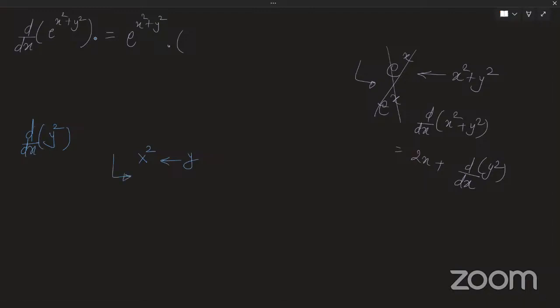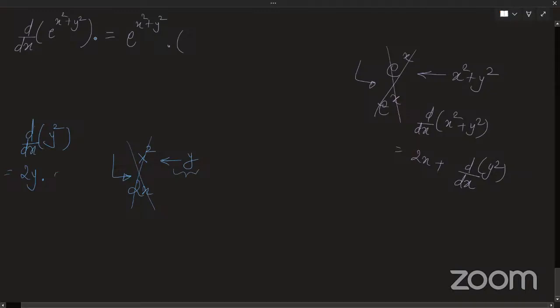Obviously, because y itself is a function of x, you approach from the outermost side. The first function that you get is x square. You differentiate it, you get 2x. So what will be the first term that you write over here? 2y, great. You complete this part, you move ahead. Now you get y. What will be the derivative of y with respect to x?